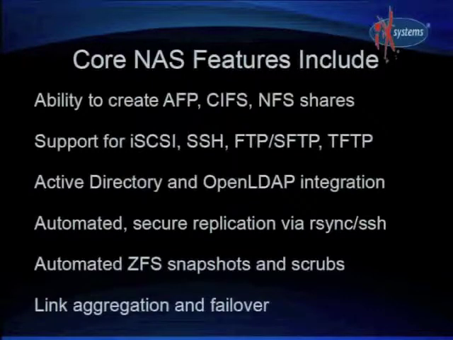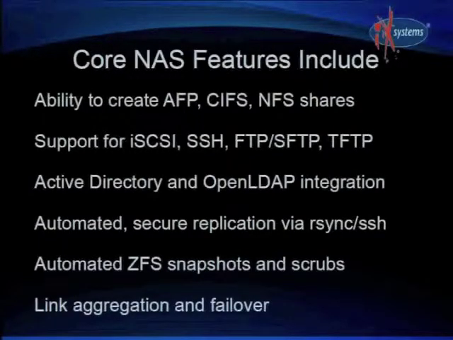In addition to those common methods of sharing data, other possibilities are available. You can export iSCSI targets, which basically appear to the client as a raw disk, which they format and add data to. We support SSH if your users are familiar with using SCP or WinSCP.